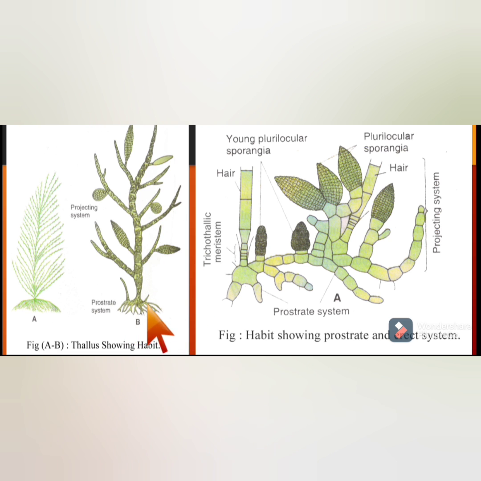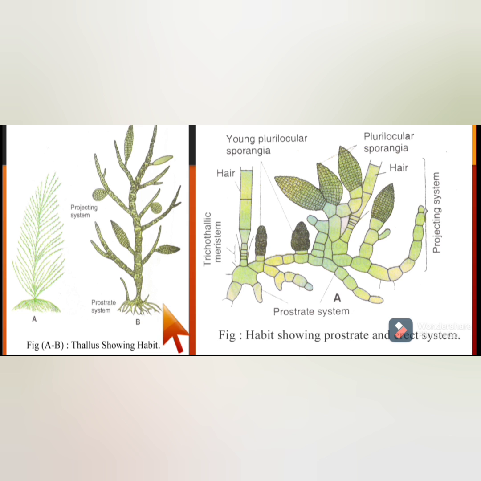So in those forms which are attached to the substratum, growing on other plants or on fishes, which are epizoic or epiphytic, or those attached to rocks, the prostrate system is well developed as compared to those which are free living, free floating species, because there are some species of Ectocarpus which are also free floating.